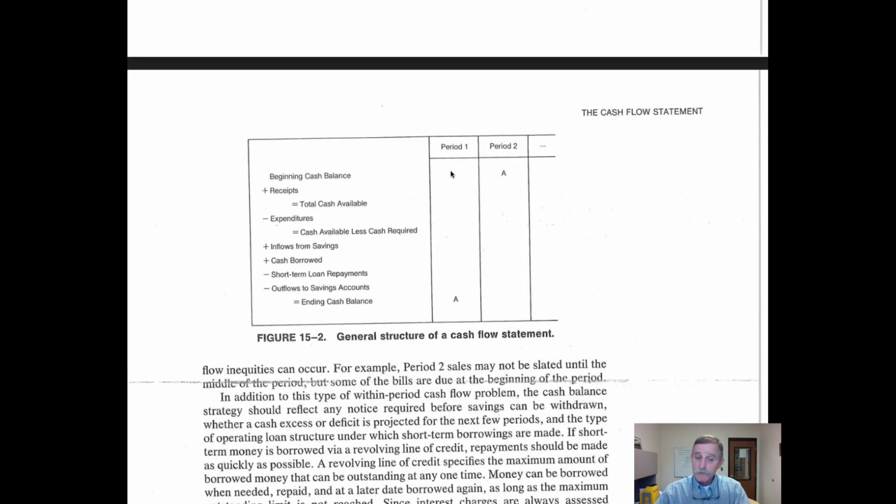Then we want to add the cash borrowed, all right? And in times that we have capital purchases, we're going to maybe have some cash that's borrowed that would be put into this account, and then you automatically write a check for the pickup, the tractor, the land, whatever it happens to be. Or this could be just during that time of deficit that we talked about in the last video.